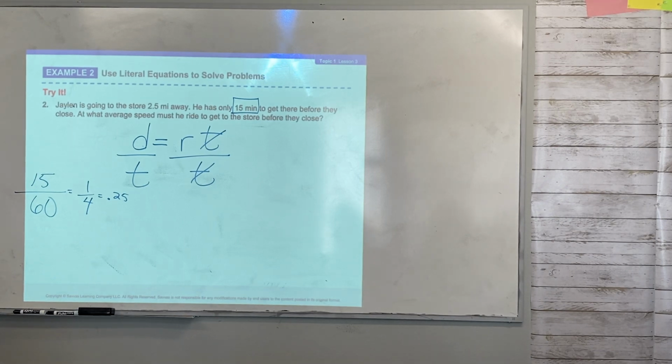Isn't it 0.25 hours? Yes, so that's what I wrote here. Because 15 minutes out of a total hour of 60 minutes would be 1/4 of an hour, which is 0.25 hours. A quarter of an hour. Does that make sense?